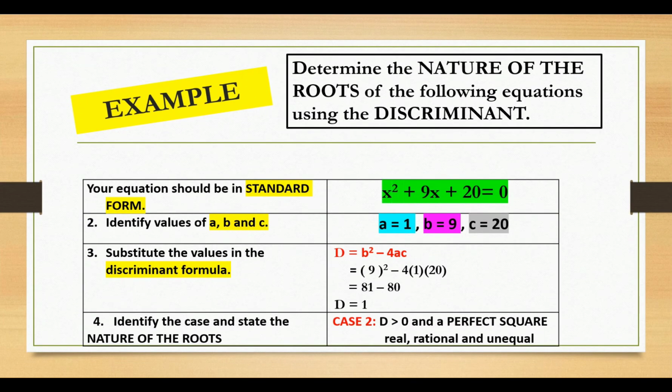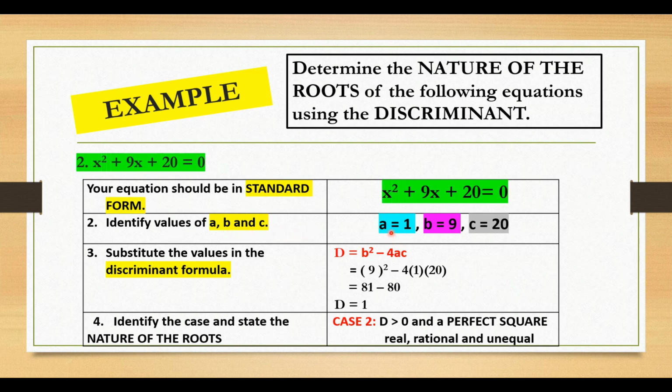Second example. We have the equation x squared plus 9x plus 20 equals 0. Again, we just have to follow the 4 steps. Step 1, standard form. It's already in standard form. Step 2, identify the values of a, b, and c.